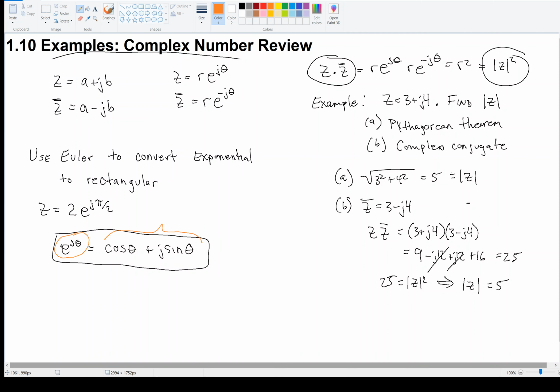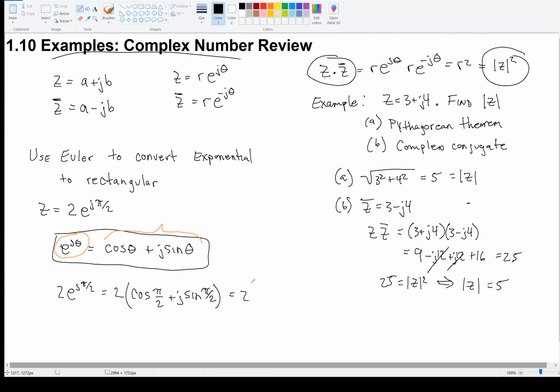So we can use this to convert between the two forms. So if I'm given 2e to the j pi over 2, I can use Euler's formula and say this is equal to 2 times the cosine of pi over 2, plus j times the sine of pi over 2.